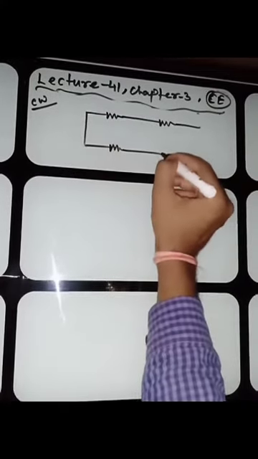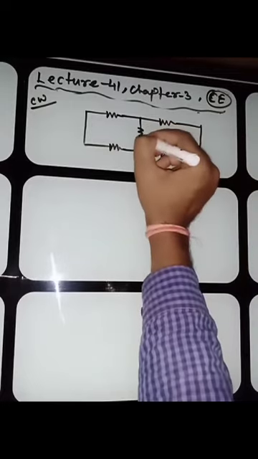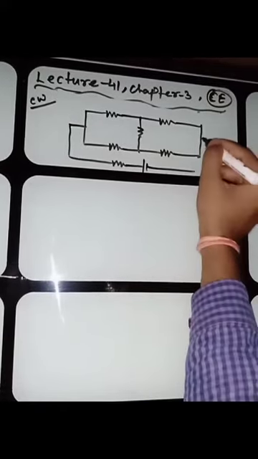Whenever you find such a question, you don't start by assuming yes, it is a balanced Wheatstone bridge, and then find, oh my god, it is not, and you got 0 on your answer sheet. So first you must apply your IQ to find whether this one is a balanced Wheatstone bridge or not.